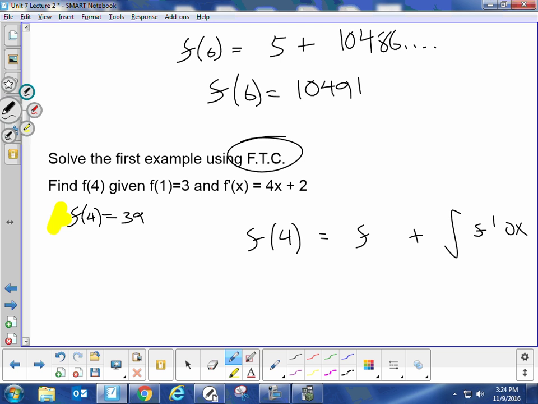Let's make sure we get that in our calculator. 3 would have to go outside of the integral.